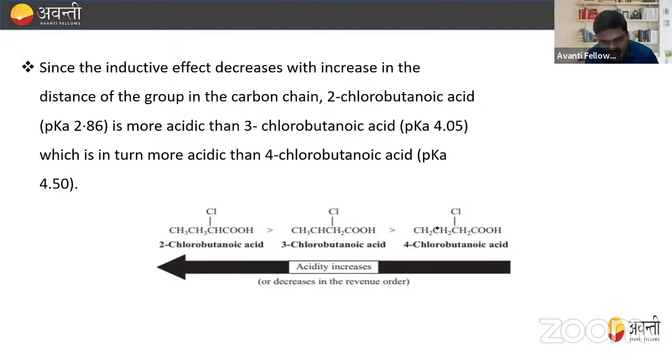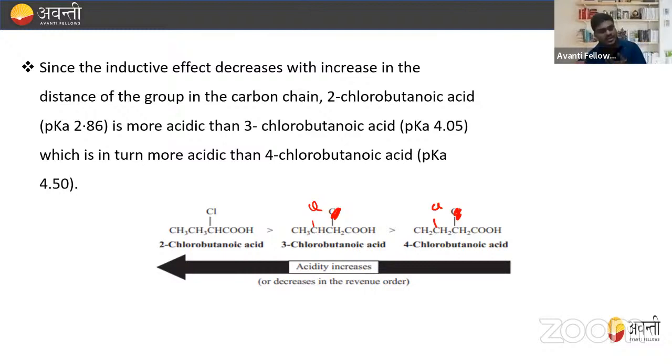So here a correction is needed. Chlorine is at this atom. 1, 2. So this is 2-chlorobutanoic acid, which is more acidic in nature as compared to 3-chlorobutanoic acid and 4-chlorobutanoic acid.